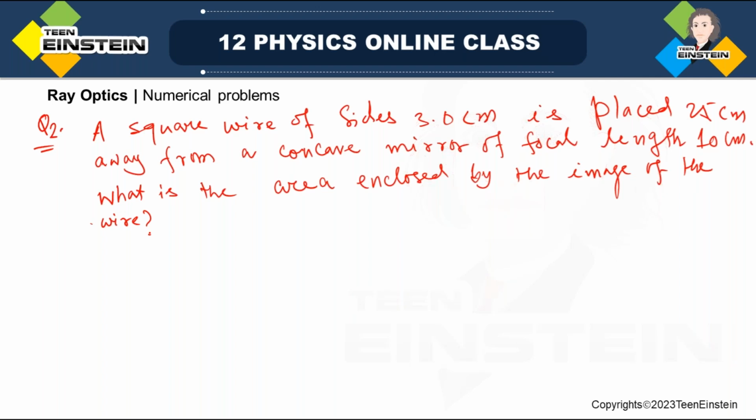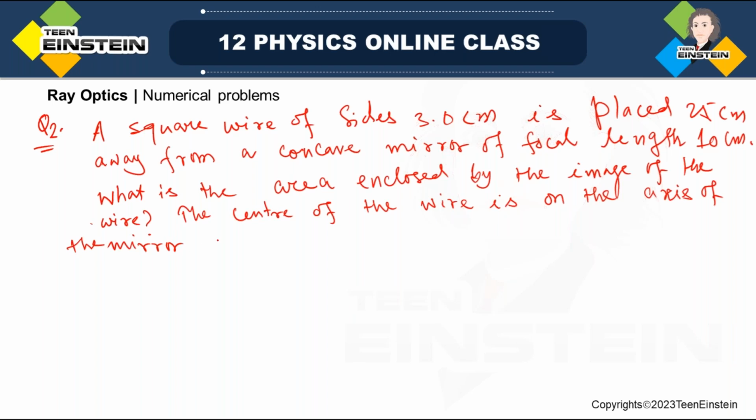The center of the wire is on the axis of the mirror, with two sides normal to the axis.